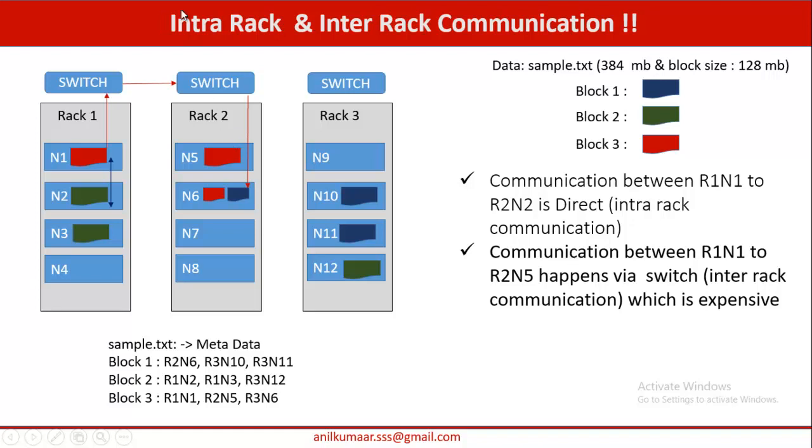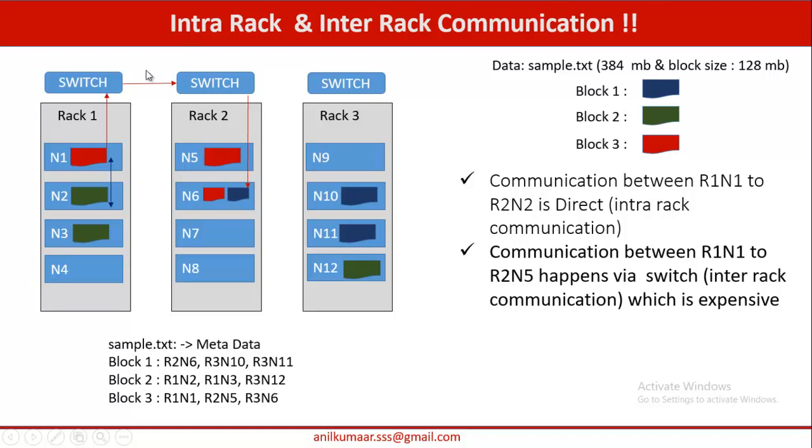Always this inter-rack communication is a bit expensive because it needs more resources, network, RAM and everything. Got it? So that's the reason I have mentioned it here. It is always expensive, this inter-rack communication, because it needs the switching process, and it has to read the data from different racks that are within different machines.